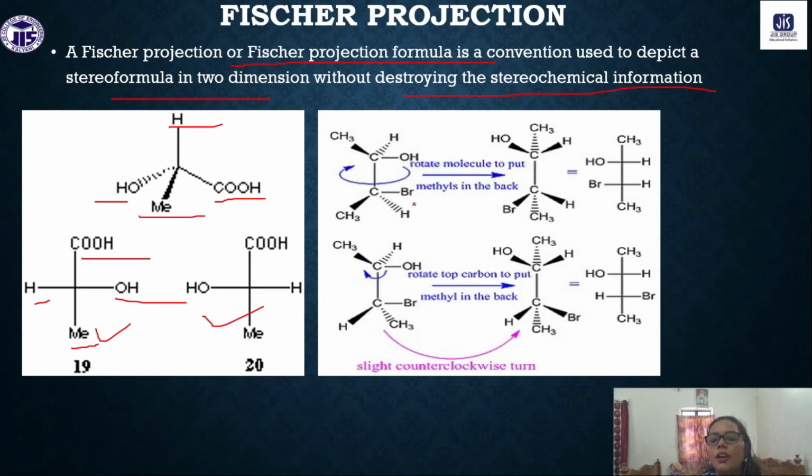Now how can we draw a Fischer projection from any type of projection, like this flying wedge projection? For this carbon atom, the CH3 methyl group is projected towards yourself, and this dash bond, the dotted bond, means it is behind the plane.